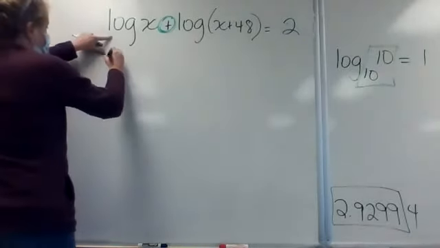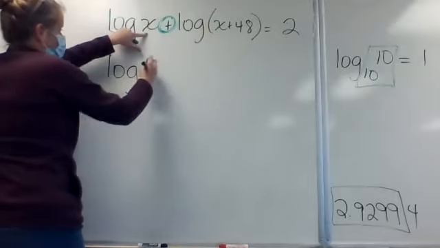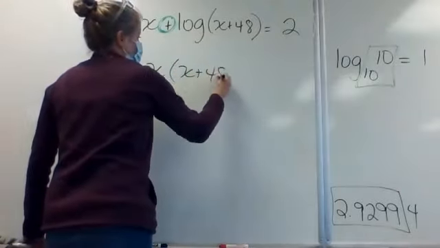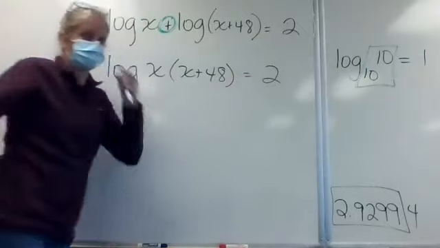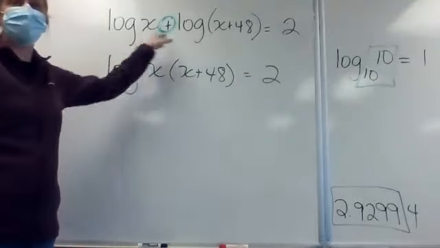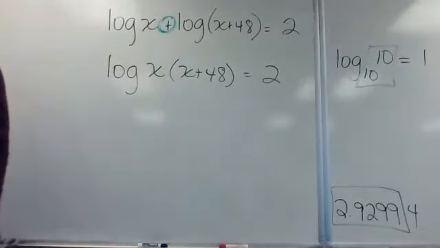So it's going to be log of x times x plus 48 equals 2. So what that did is it turned the two logs on the same side into one log.